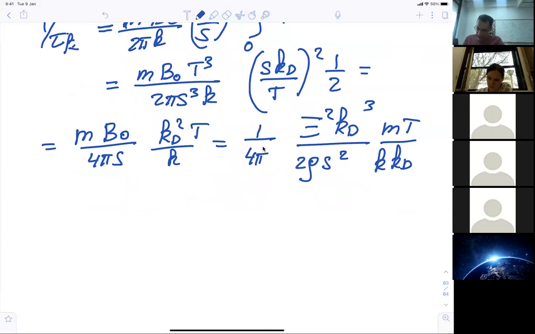Now let me call this thing. This thing has a dimension of 1 over time. So let me define the time scale which appears in this problem.